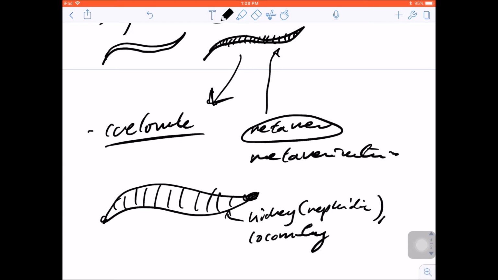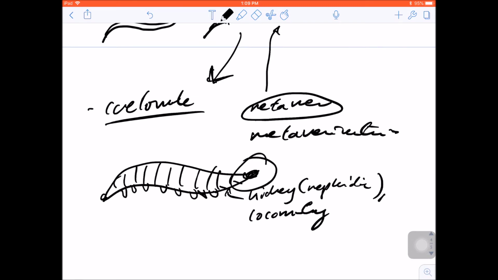So the setae, the hairs on the sides, and in other body shapes of annelids, they also have parapods, which are fleshy outward growths of their body. They both function as locomotory organs, so they help move the annelid through its environment.